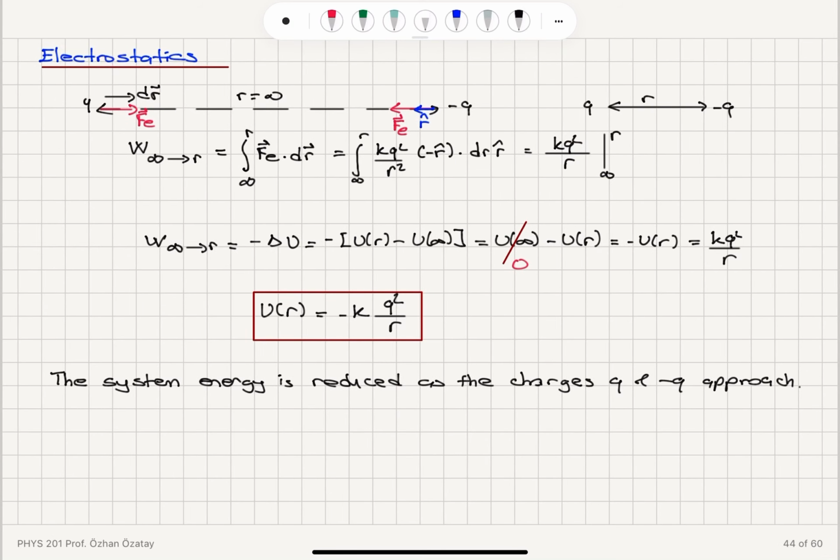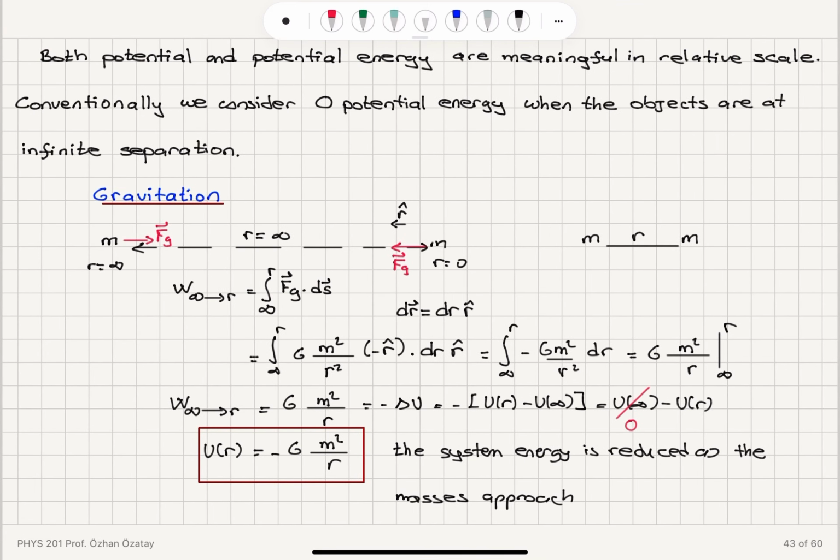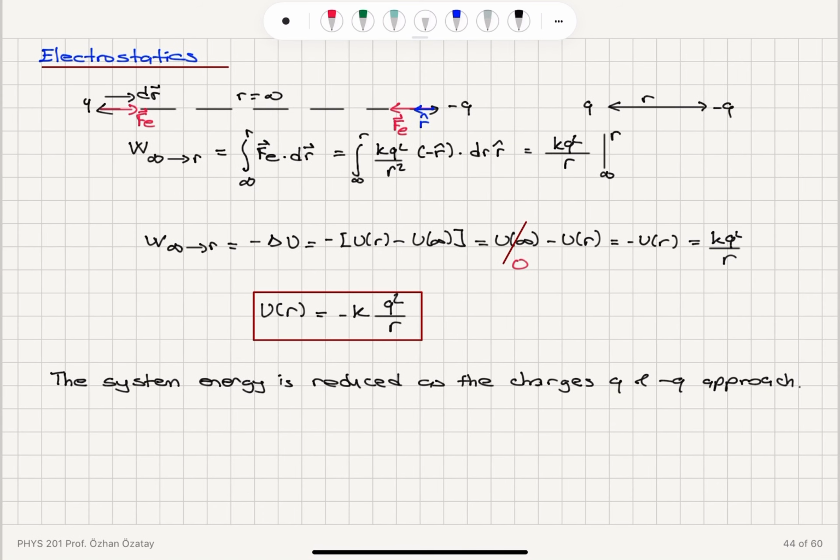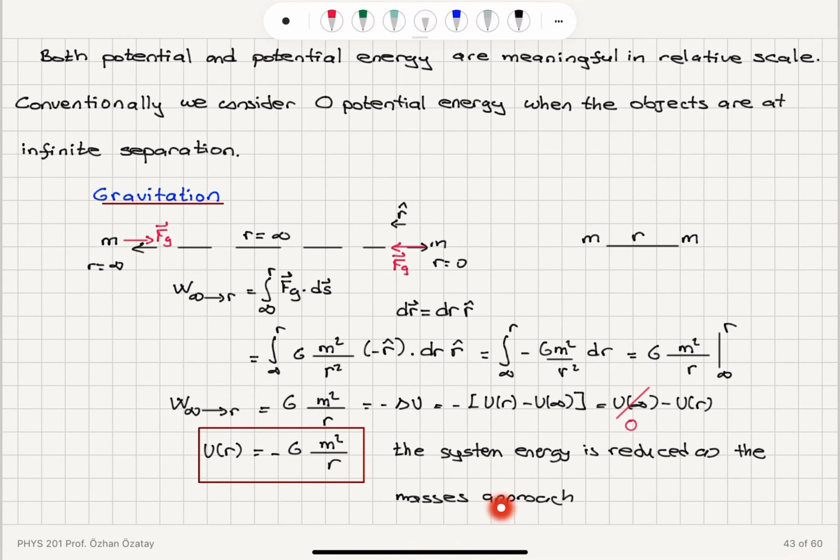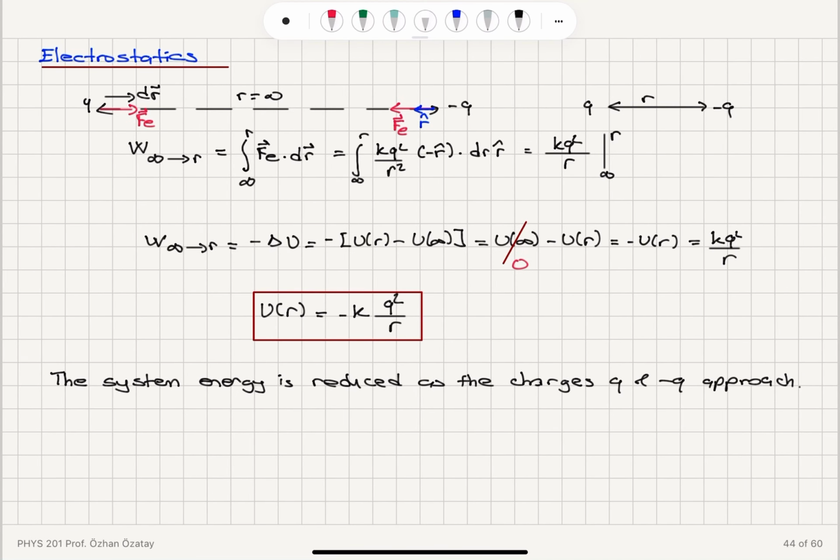And for the electrostatic case, it's going to be minus kq squared over r for the attractive case. And in the case of the attractive scenario, we have a negative potential energy at a separation r here, because the system energy is reduced as the masses or the charges with the opposite sign approach each other.